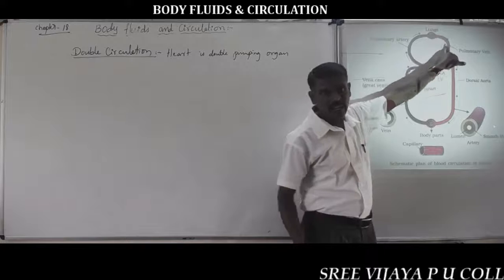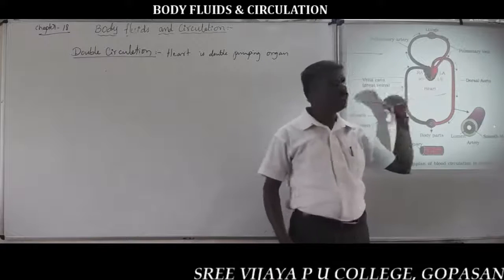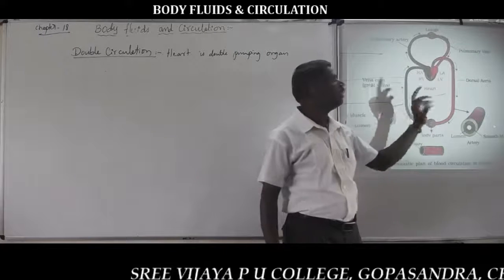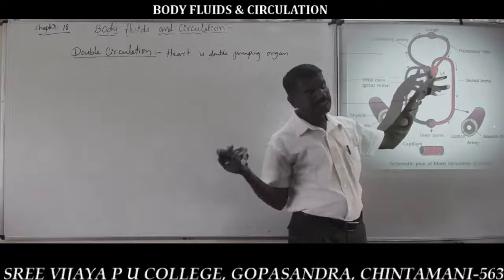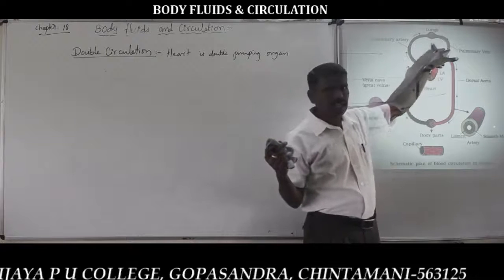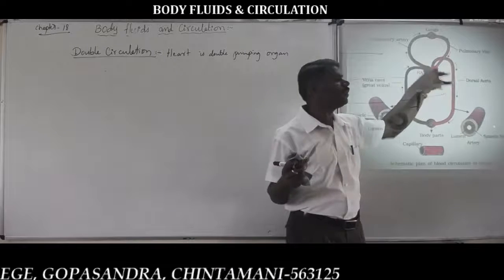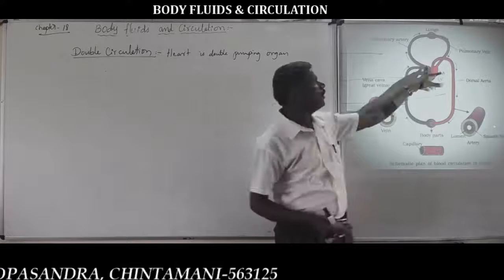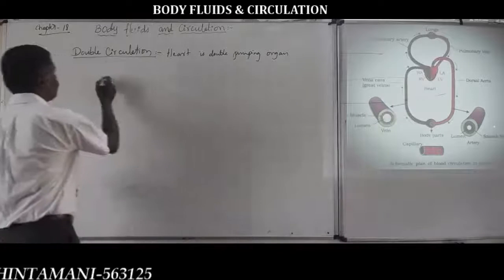It is converted into oxygenated blood, which enters the left atrium. This circulation is called pulmonary circulation.